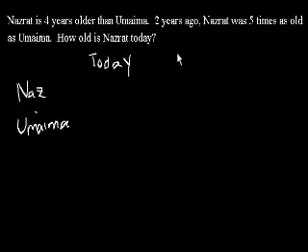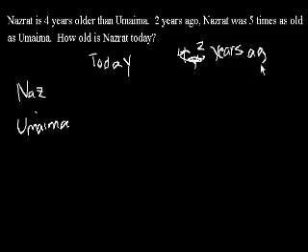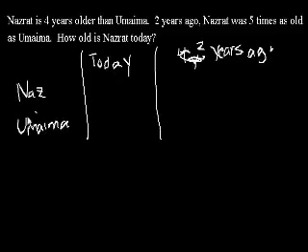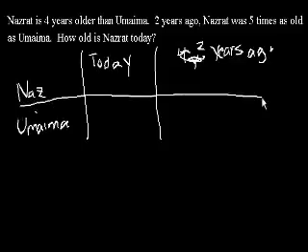Oh no, not 4 years from now. I'm confusing myself. This would be 2 years ago. I'm still remembering the last problem. So this was today, and 2 years ago. Let me make a little chart. It's not the cleanest chart, but I think it'll do the job.